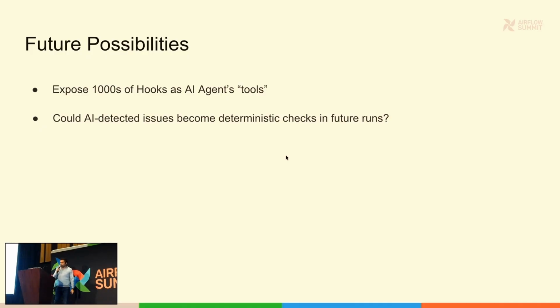Could AI-detected issues become deterministic checks in future runs? So let's say a pipeline ran, it found an issue. Should this then create a PR somehow? Currently, we have Git bundles. So you can, in theory, say, if you have a GitHub connection, could you just create a pull request using that connection with the new data quality check that the LLM operator found?